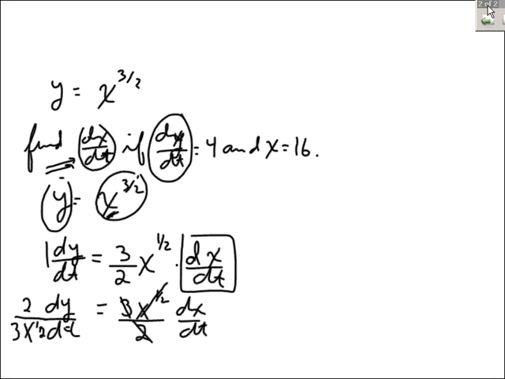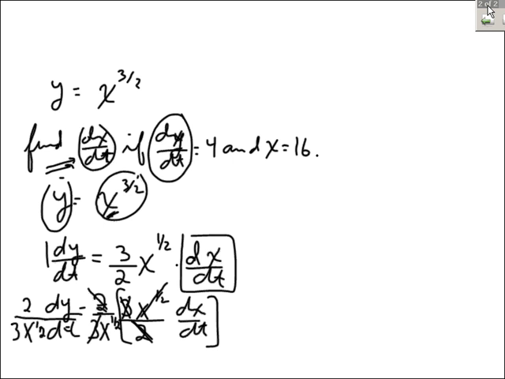Where on earth am I getting this? Pretty simple. I am multiplying by the reciprocal, by 2 over 3x to the 1/2. That way the 2's go, the 3's cancel, and the x to the 1/2 cancels.